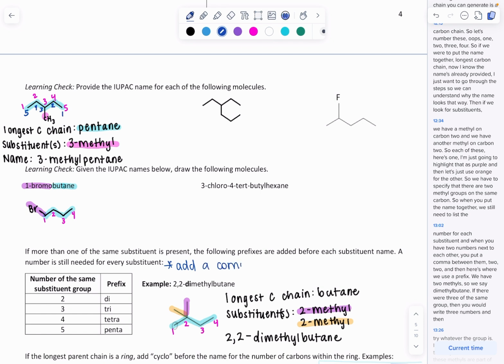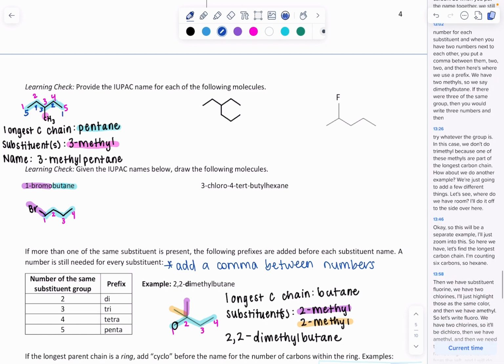If there were 3 of the same group, then you would write 3 numbers and then tri plus whatever the group is. In this case, we don't do trimethyl because one of these methyls is part of the longest carbon chain.